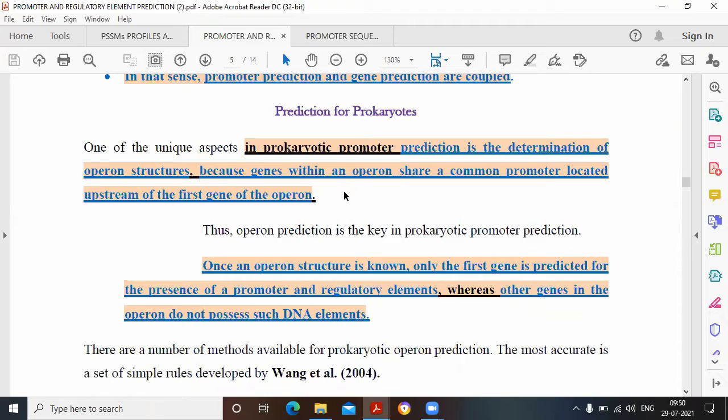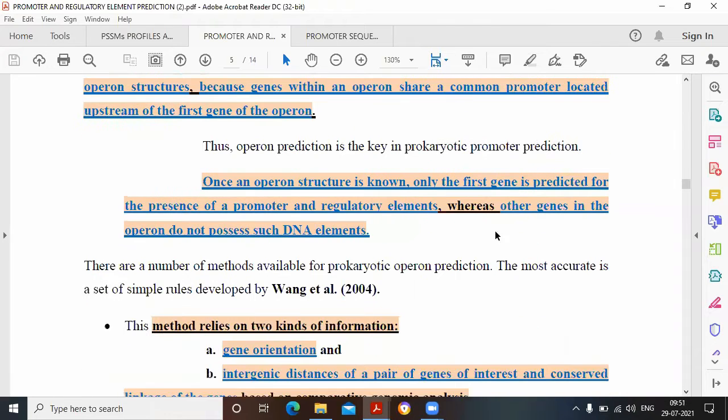So that's why, in the prokaryotic system, when we apply this ab initio based method, our idea is to find the promoter and the operon elements, how many operons there are, and exactly with respect to the operon, we predict the promoter as well as the regulatory part. So operon prediction is the key in the prokaryotic promoter prediction concept.